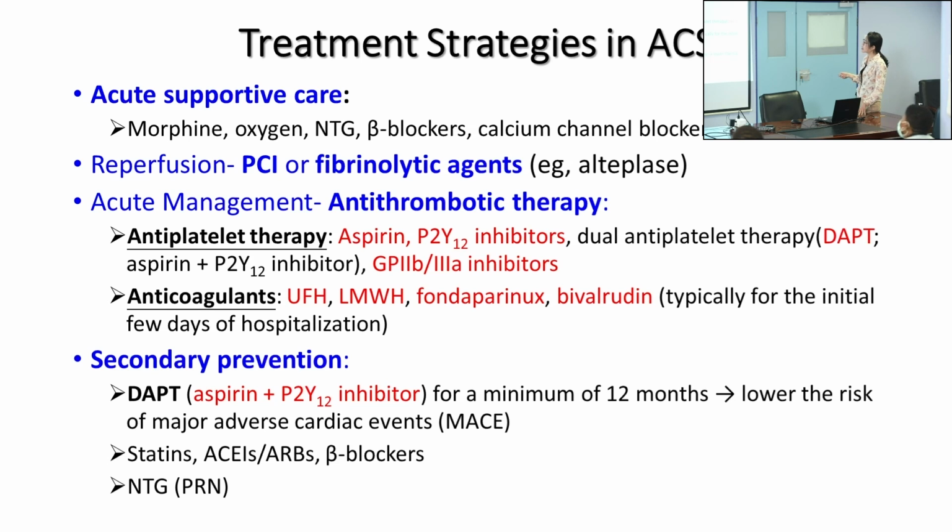For example, in the acute management, we may use aspirin, the P2Y12 inhibitors like clopidogrel, we have just mentioned, and very often we may also use the dual antiplatelet therapy known as DAPT. This is the combination of aspirin plus a P2Y12 inhibitor, and also glycoprotein 2B3A inhibitors may also be used. And sometimes in the acute management, we may also use anticoagulants.